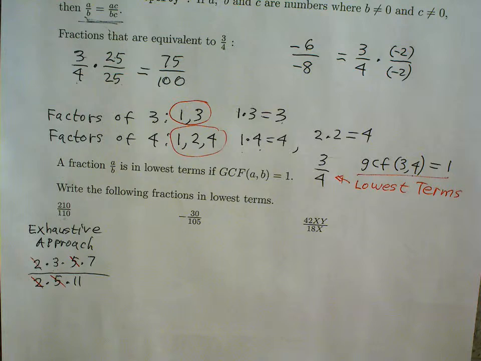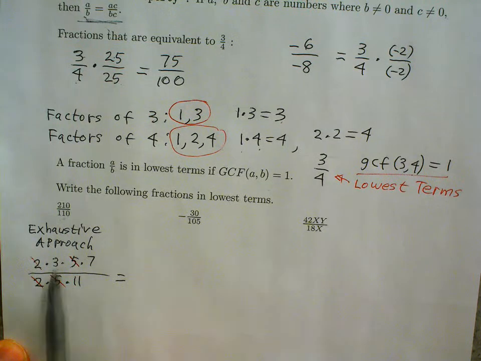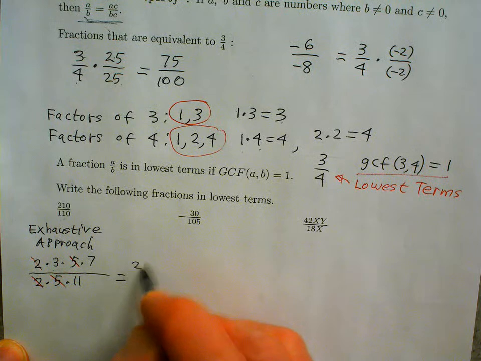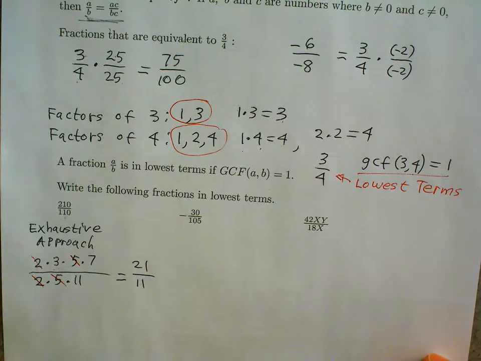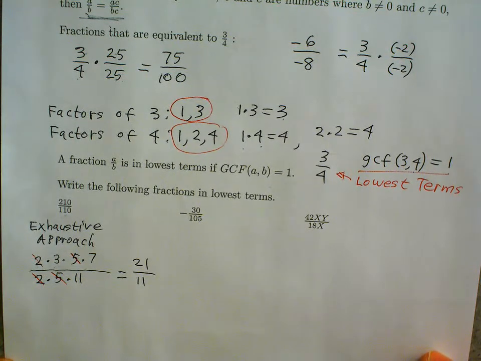So what is that fraction in lowest terms? Yeah, so in the numerator we write 3 times 7 is 21, and in the denominator 11. So 21/11 is the fraction written in lowest terms.